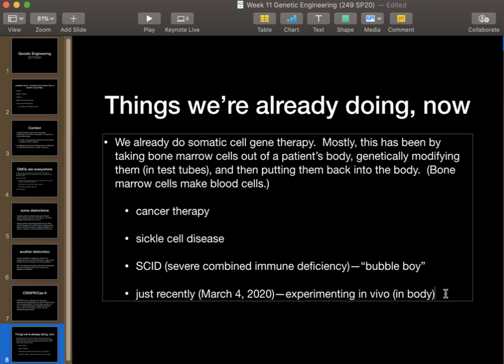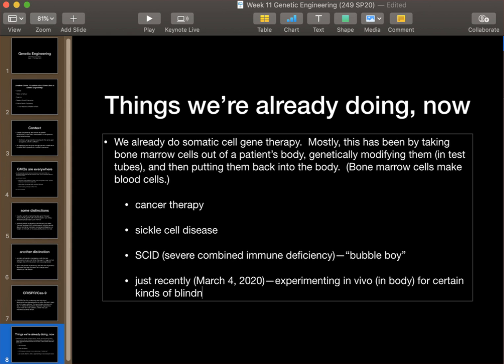So now they're experimenting in vivo for certain kinds of blindness, where they are trying to change the genes in certain cells right underneath the retina. So they're doing these experiments to cure blindness, and they're not taking cells out of the eye and putting them back in. They're directly going into these cells underneath the eye and manipulating the genes in there.